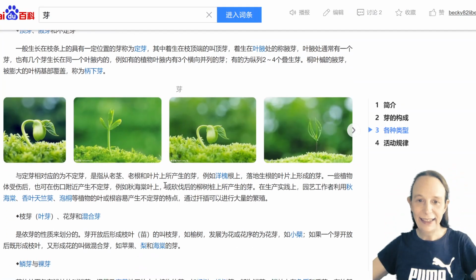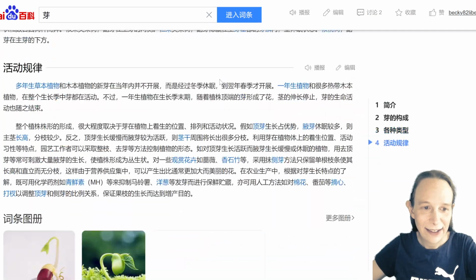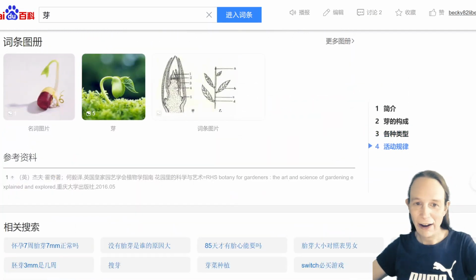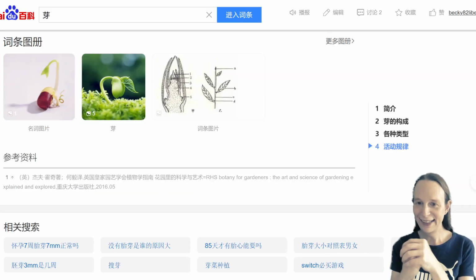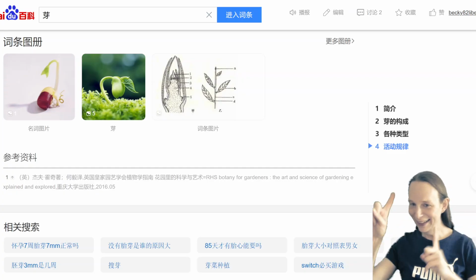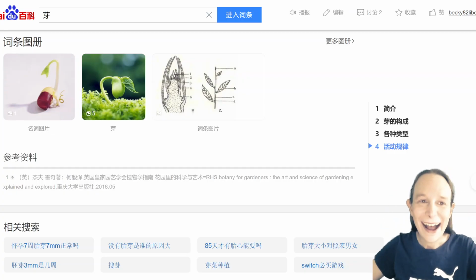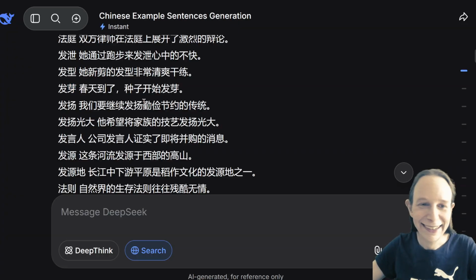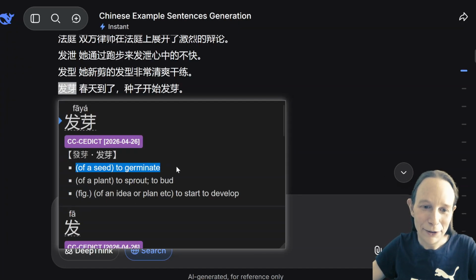Yeah, so it's coming out of the ground. So 发芽 is going from a state of being underground as a seed to the process of, whoop, hello, I exist, look at me. I'm a sprout. 发芽, to germinate, to sprout, to bud.